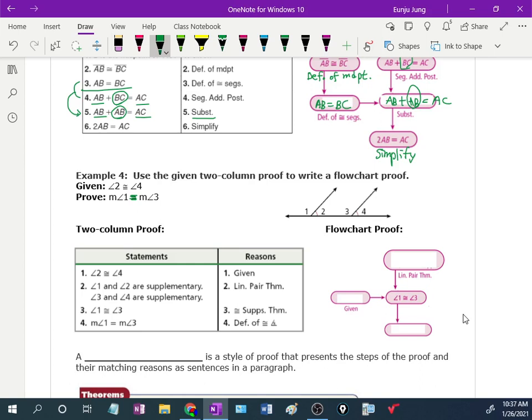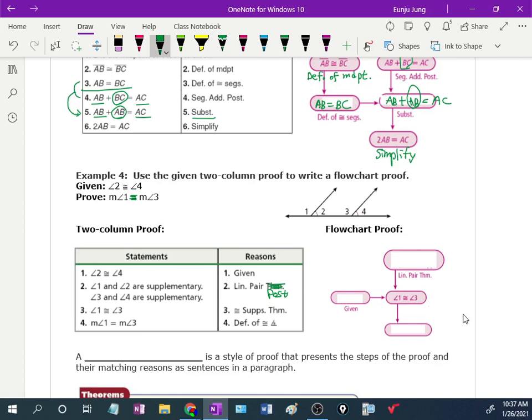So we are going to follow that directions, okay? So starting with given information, and we use the linear pairs. It says theorem, but the linear pairs is actually postulate. Linear pair postulate. Let it go, okay? Linear pair postulate, and we can say they are linear pairs, so they are supplementary angles.